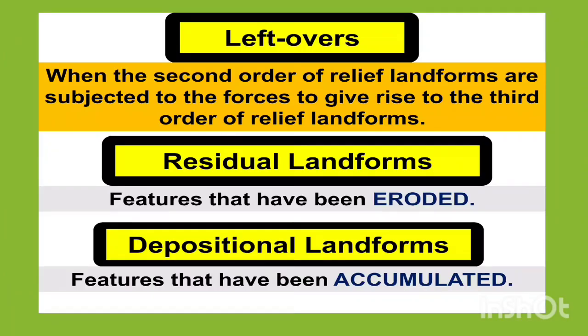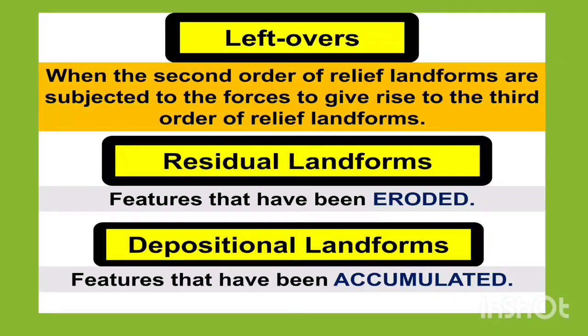And when the second order relief features are subjected to force, they give rise to third order relief features. Okay, the first order relief and the second order relief are formed due to the endogenetic forces, but when it comes to third order relief features, they are formed due to the exogenetic forces.